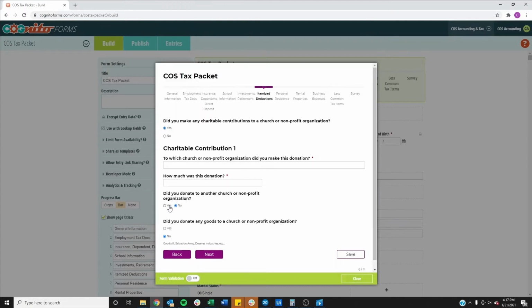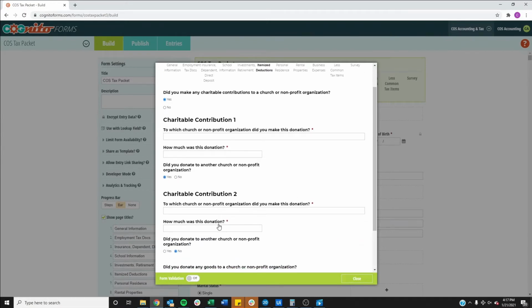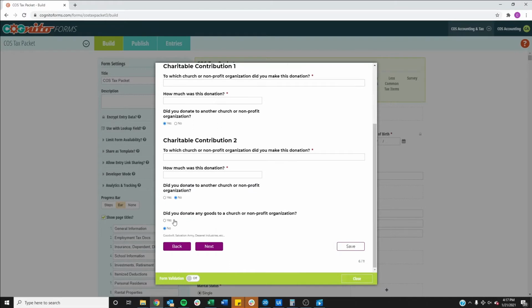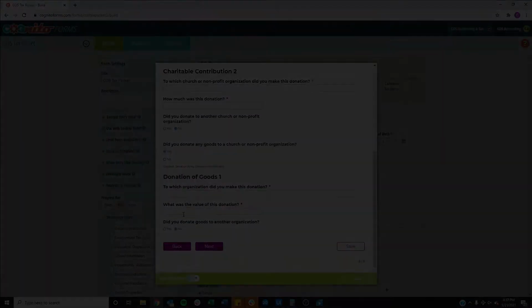If you donate to another nonprofit organization or church, then you're able to put multiple entries in. And if you donated any goods to a church or nonprofit organization, whether that be Goodwill, Salvation Army, Desert Industries, you're able to put who you donated to and what the value of the donation was.